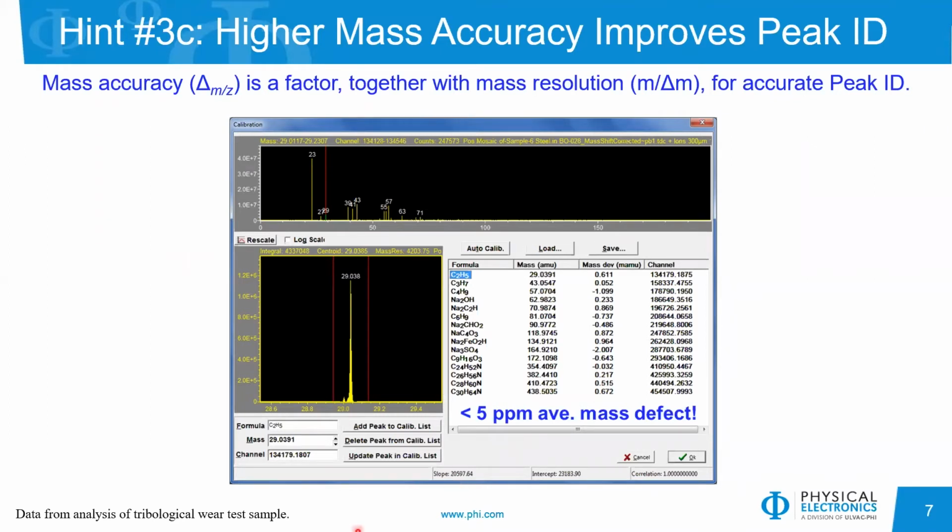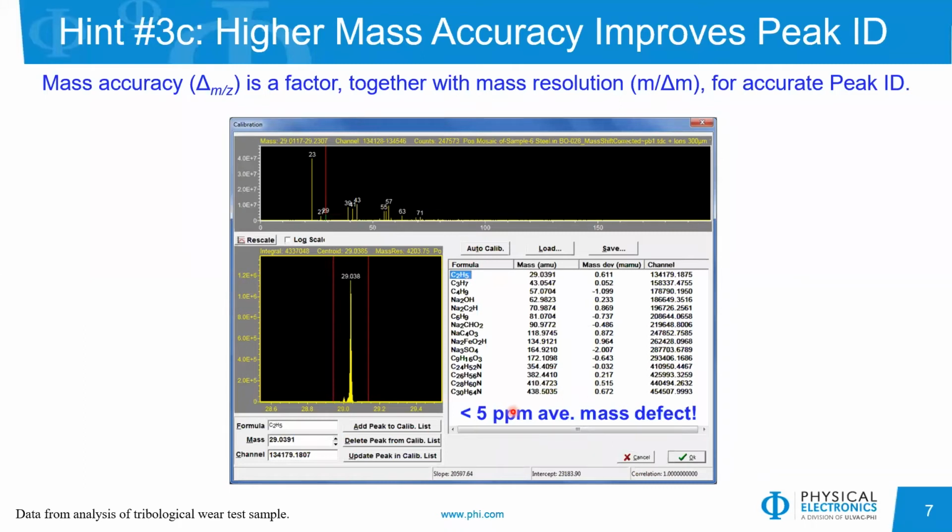So what I'm showing here is on the demo system, of course, we've gone through this procedure of fine-tuning the Matsuda voltage. And then what you see here in this calibration is we have a number of organic ions as well as inorganic ions in this calibration. And across the mass scale that we've calibrated, we have less than a 5 ppm average mass defect, which is quite good for TOF-SIMS.